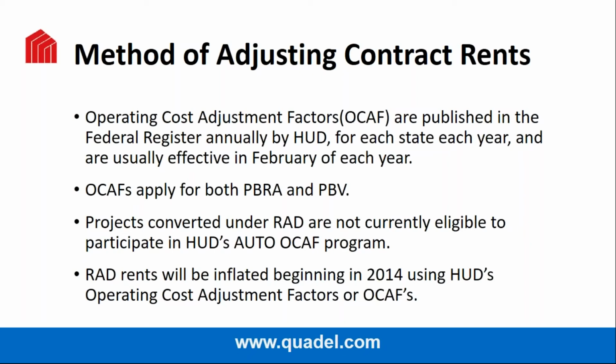And the time period between October to February provides HUD with the needed time to update their online systems such as IREMS with the new factors. And HUD publishes this schedule noting the factor that applies for each state or each geographic location every year.